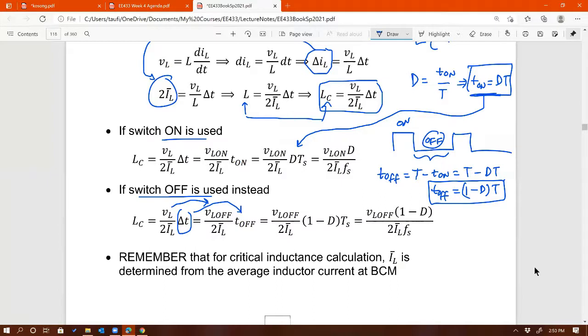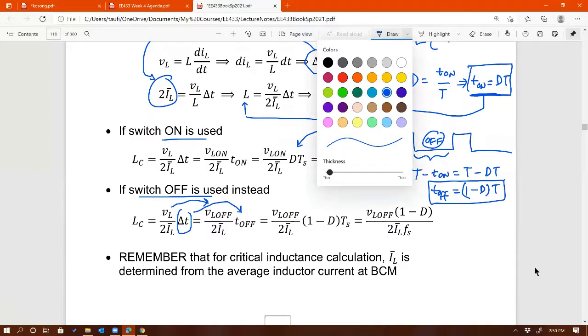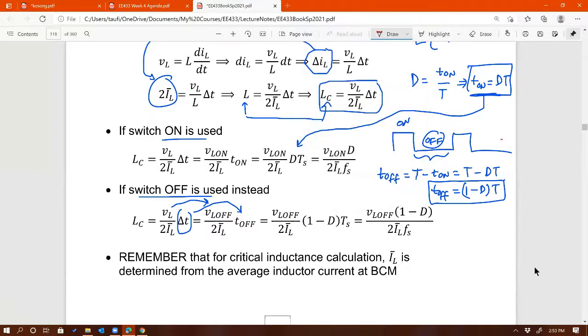This will be the equation that I would use in the following subsections when we derive critical inductance, either that one or this one. Again, keep in mind that the first equation is valid if I use the on time of the switch. The second equation is valid when I use the off time of the switch. Okay.